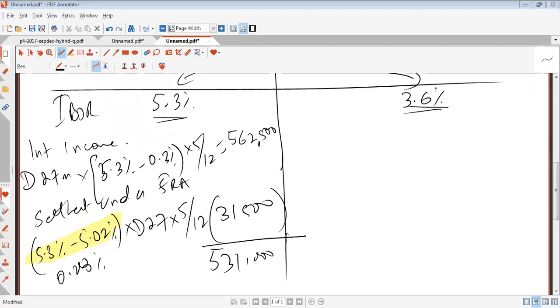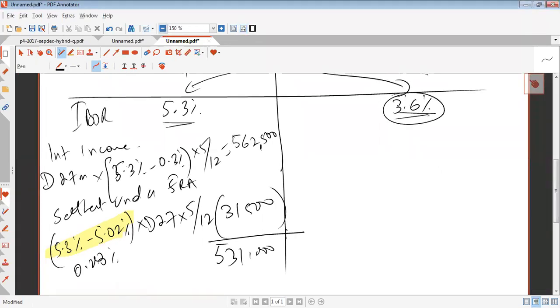Okay, now what next is here? So we've got 5.3% as one of the rates. Now, if the interest rate goes down to 3.6%, then what is actually going to happen? The interest income will actually be 27 million multiplied by 3.6% minus 0.3%, into 5 upon 12.